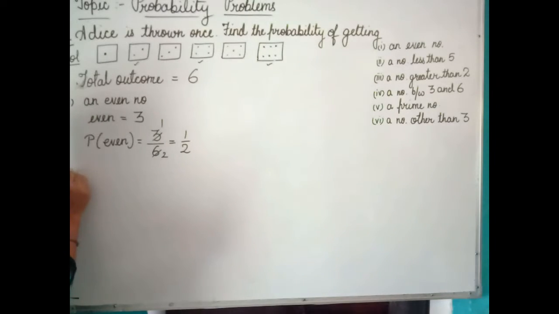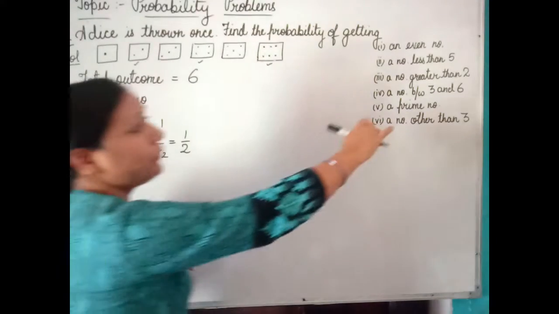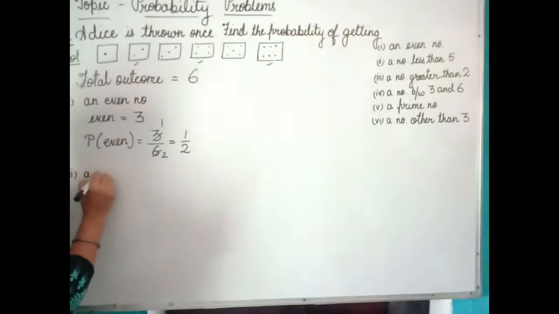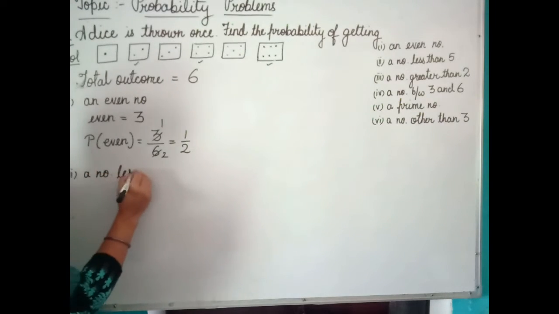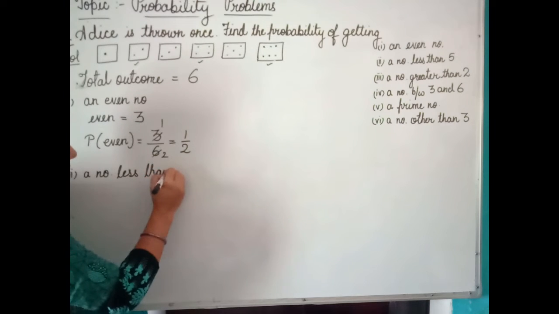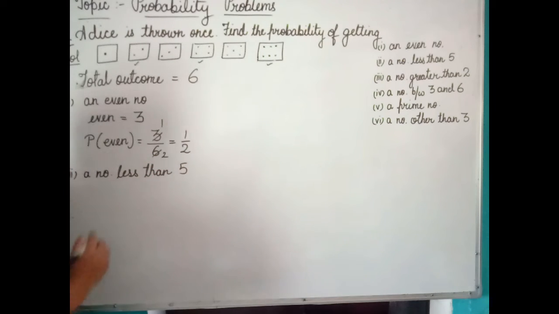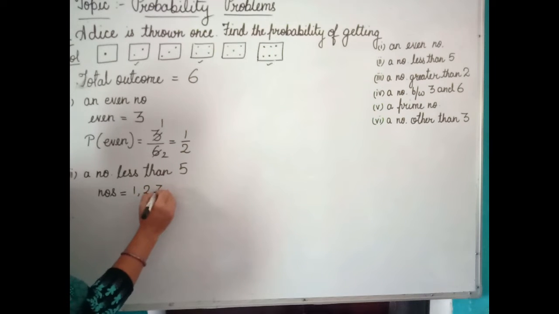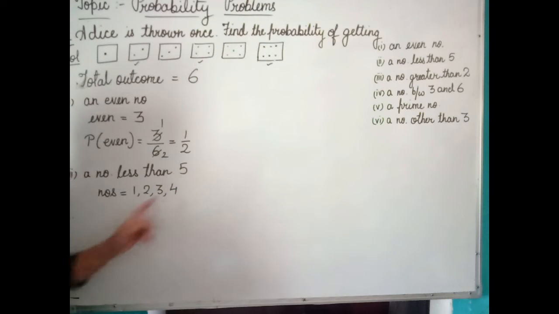In the second part we want a number less than 5. If we want a number less than 5, what are those numbers? The numbers can be 1, 2, 3 and 4. We cannot take 5 because it is said less than 5. So these are the 4 results.